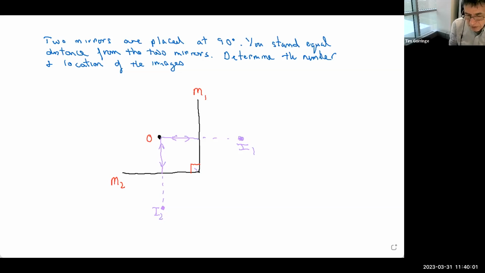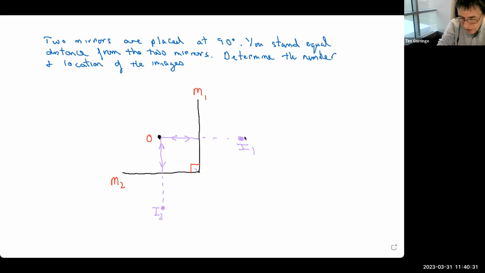One way of thinking about this third image is as an image caused by the second mirror, the horizontal mirror, of an object that is I1, the image made by the first mirror.